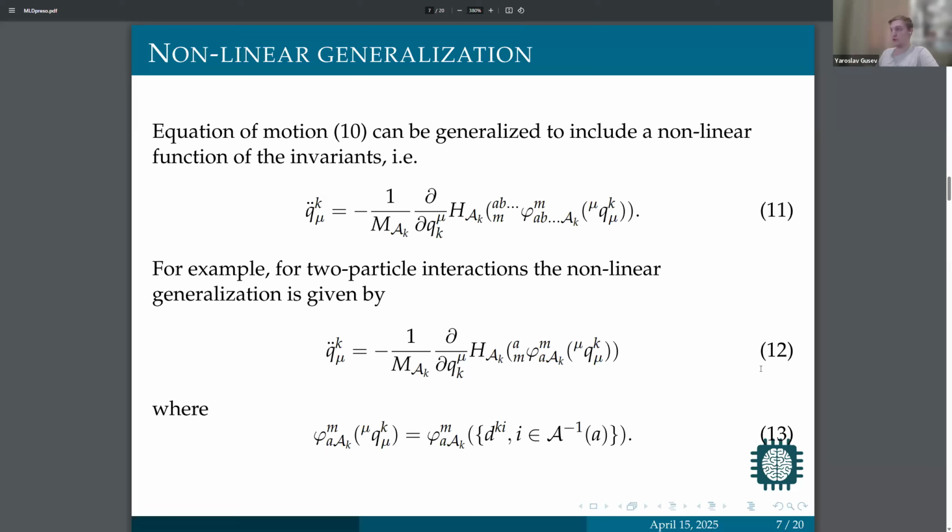And this is a completely classical interpretation. But for an arbitrary phi, there might be no Lagrangian, actually, no potential energy.